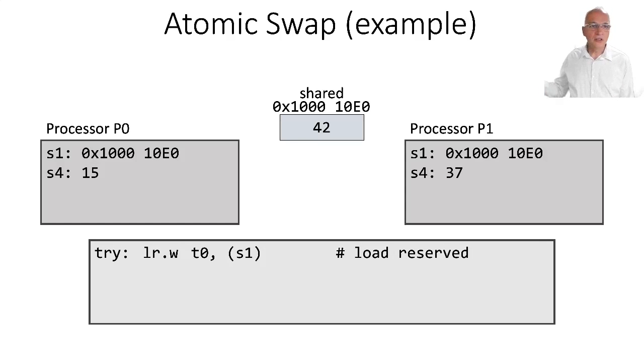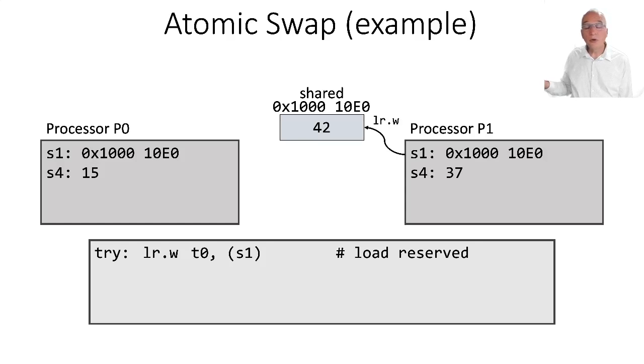So here's the code that I'm going to use to do this swap. First, in my try block, I will execute a load reserve instruction. My load reserve goes to the address in S1, and the value that is loaded from that address is put into T0.